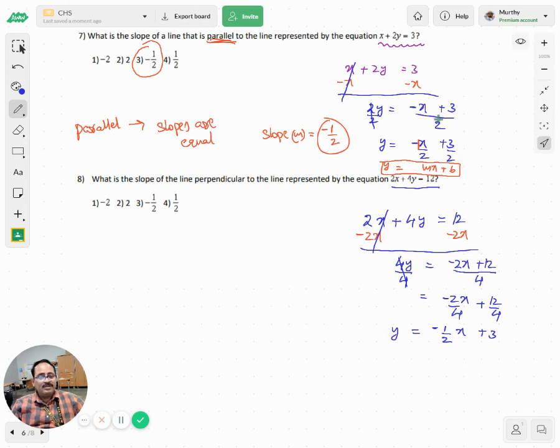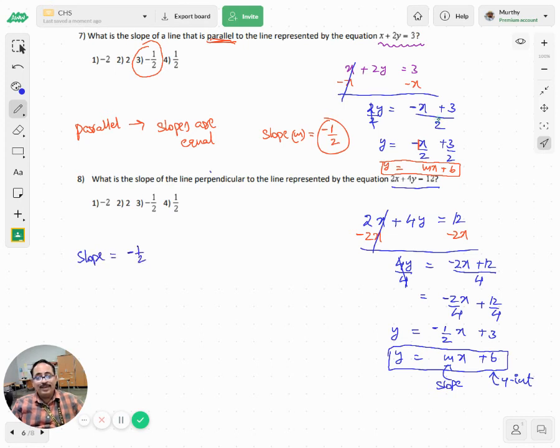Now, this is again in the form of y equals mx plus b, and I hope you remember that here b represents the y-intercept, and m represents the slope. Therefore, slope equals negative half.